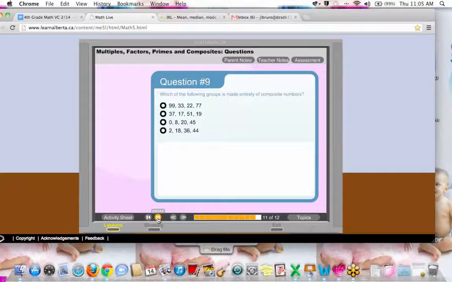Okay. Which of the following groups is made entirely of composite numbers? Click on the circle next to your choice of answer. Now look carefully. Composite numbers have 3 or more factors.